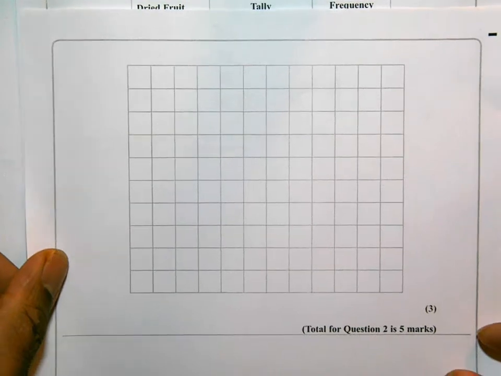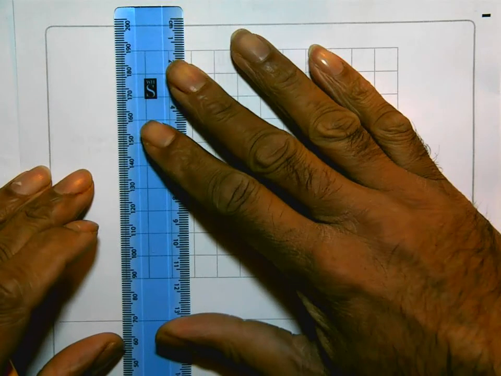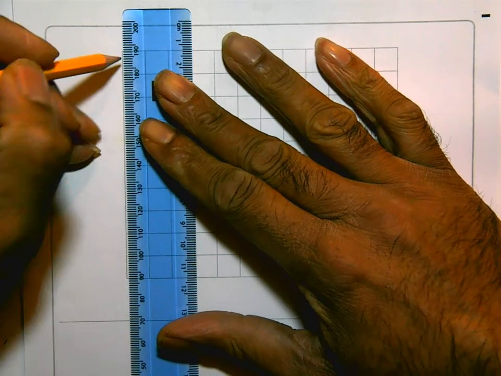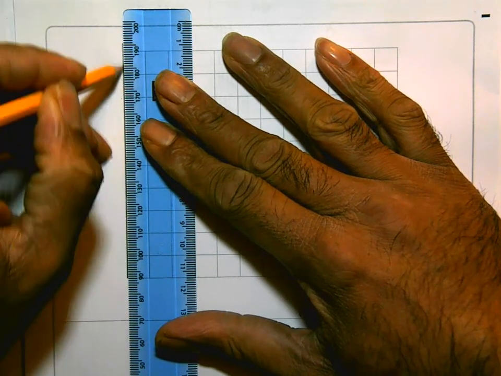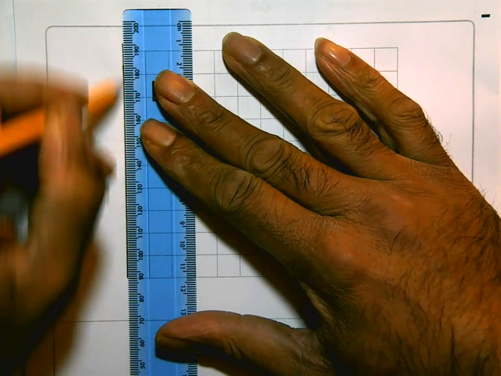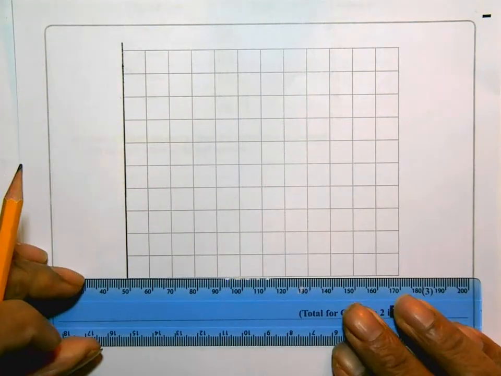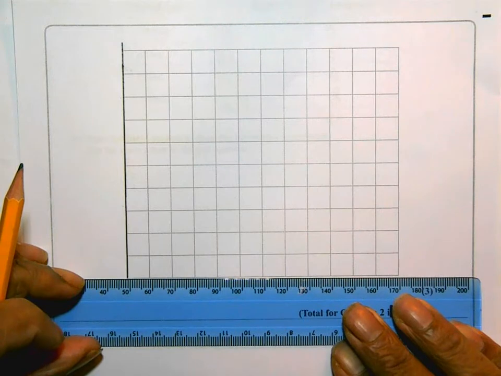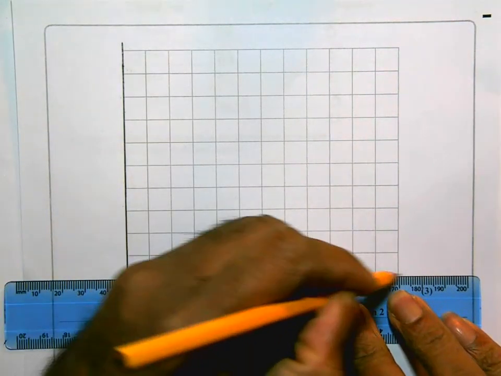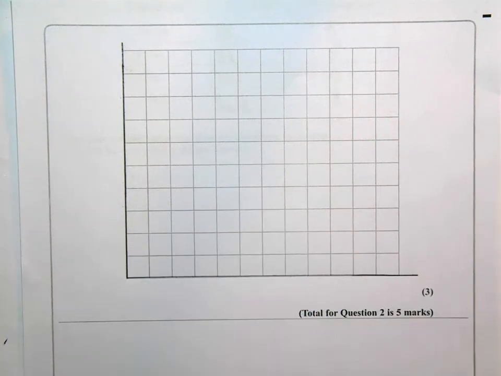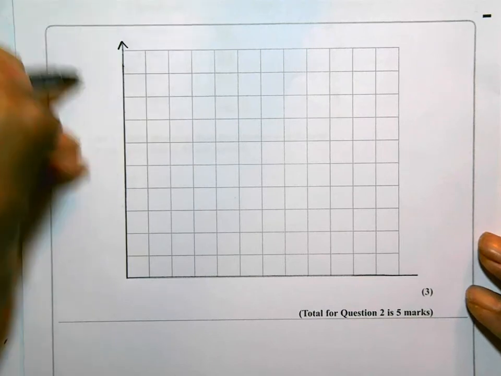So I'll cover this up first, and I'll set out my scale on the grid. On this side here, I'm going to use the whole thing. I'm going to take care to make sure that I use all of the graph. And I'm going to label the axes. Now, this axis here, the vertical one, is always frequency.